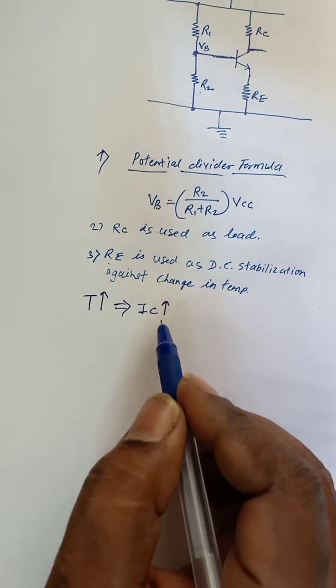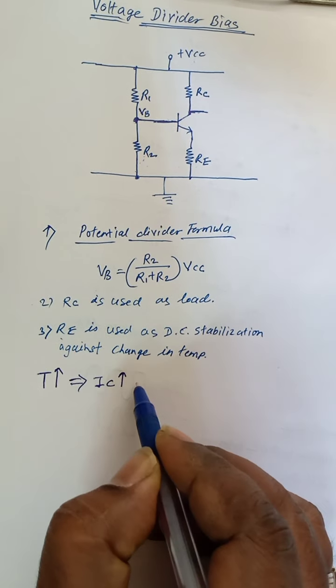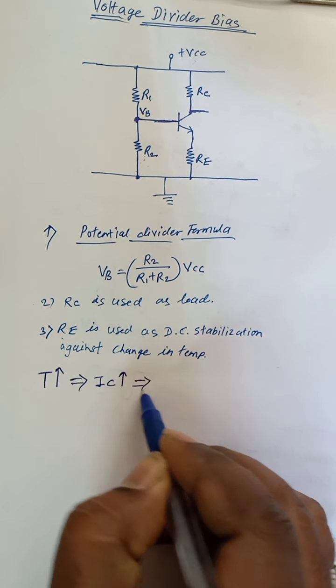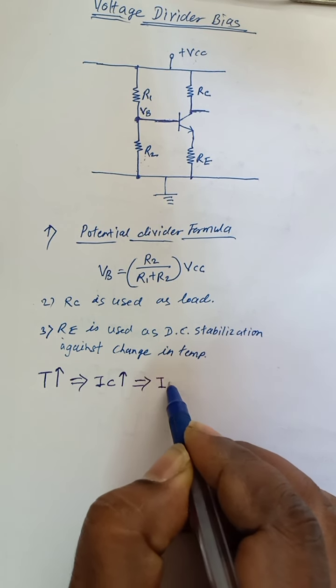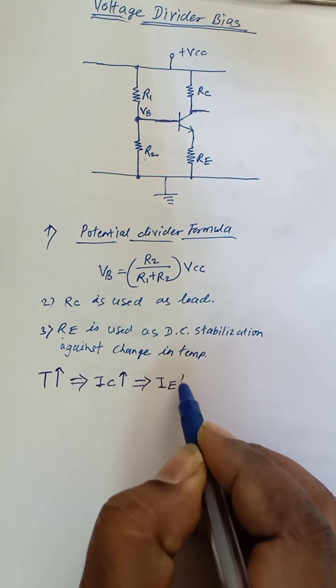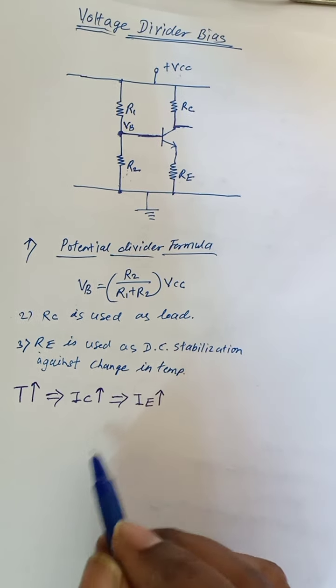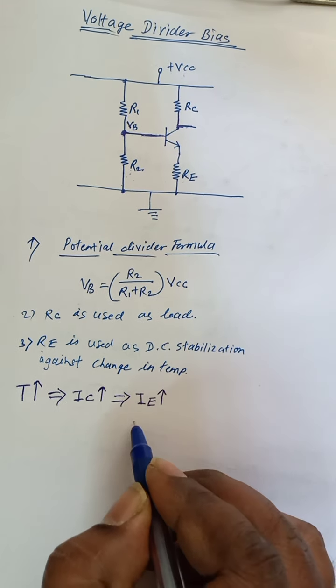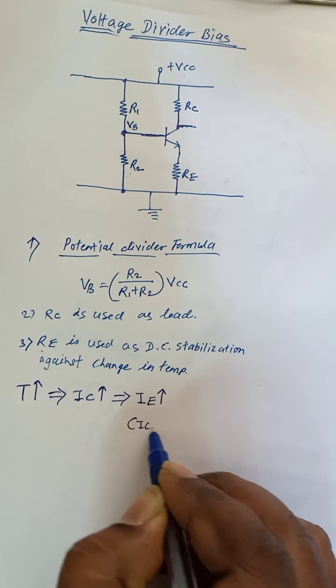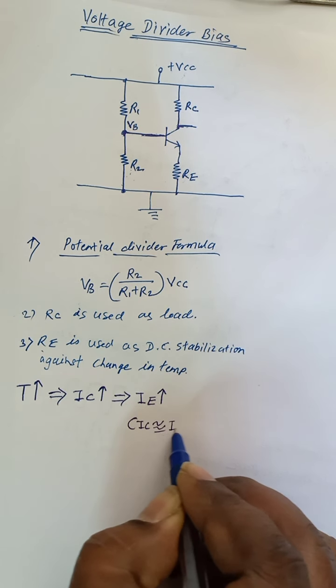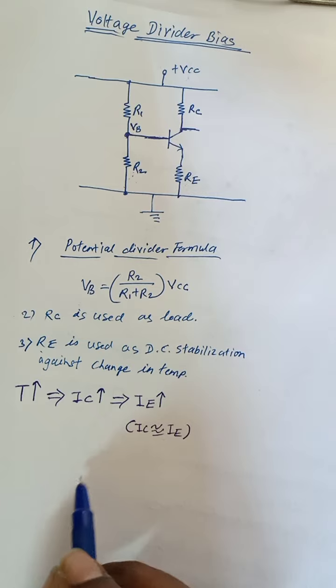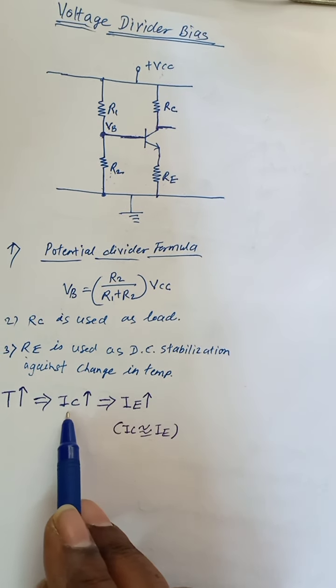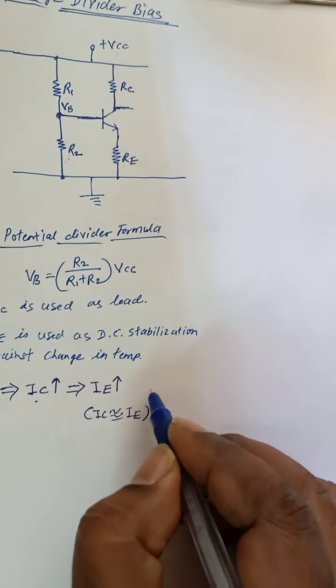As IC increases, IE also increases. Why can we say this? Because IC is approximately equal to IE.